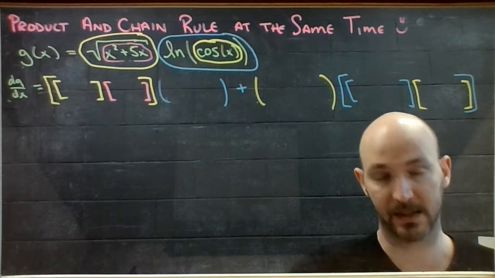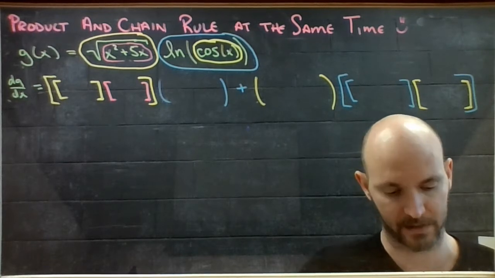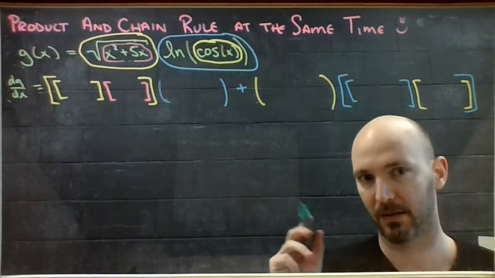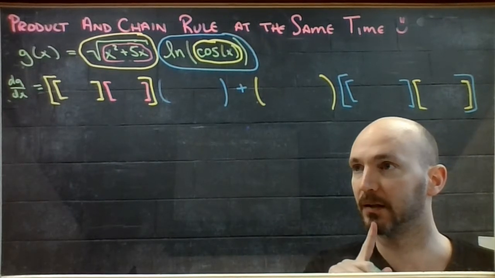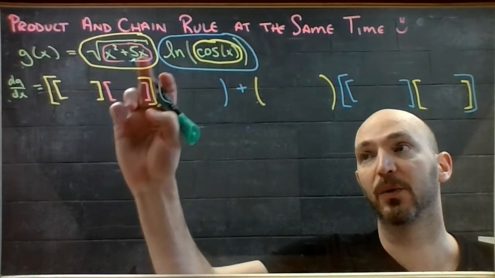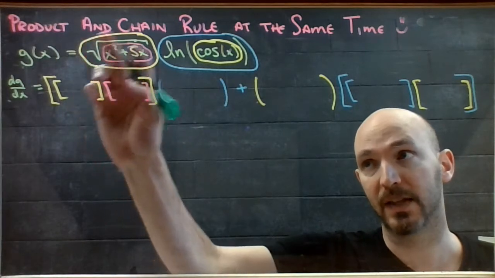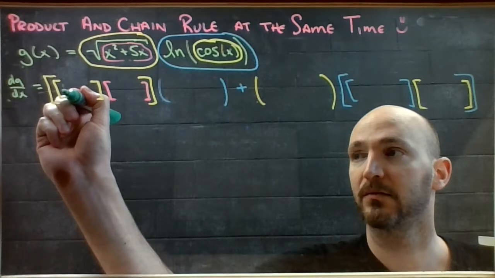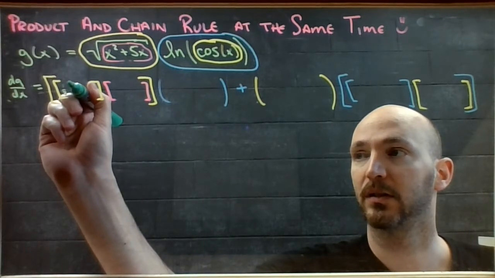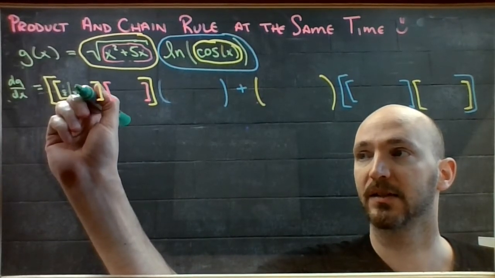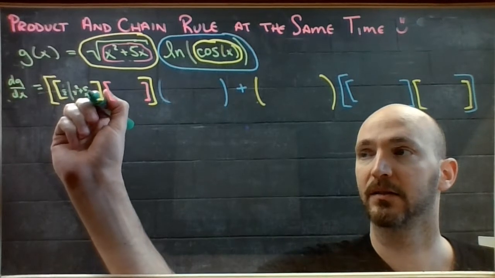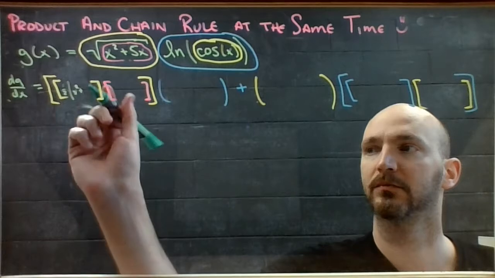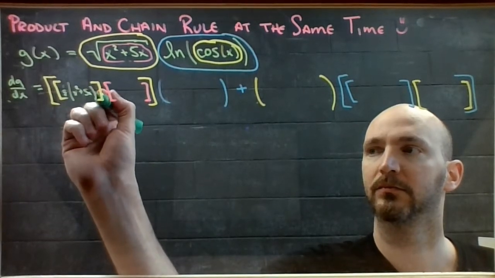So now all that's left to do is to dig through that thing and to come up with what the actual pieces are, and hopefully my marker is fine enough to be able to write them. The derivative of the outer layer, it's a radical. It's going to be 1/2 of whatever's inside, x squared plus 5x, to the negative 1/2.